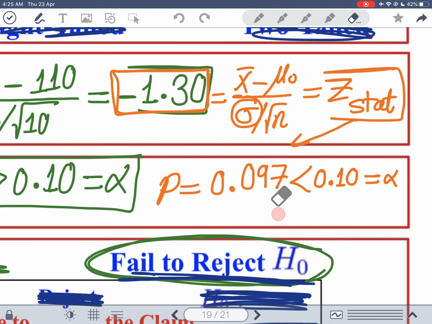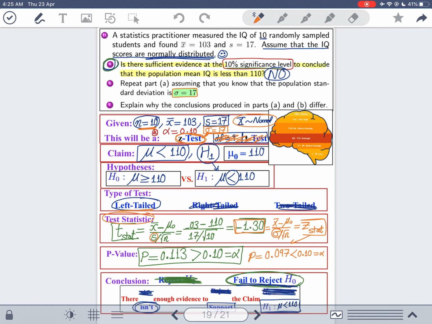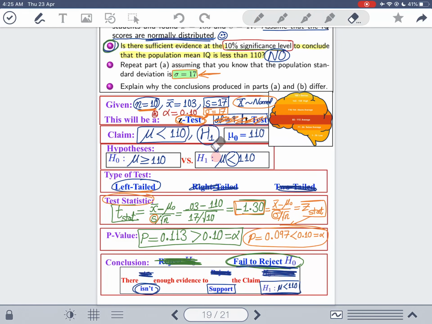And so remember, here we are answering the same question but using the population standard deviation. We found that in this case the p-value will be less than alpha. So the p-value is what? It's low, lower than alpha. So H0 must go. So in this case you will reject H0, and so you'll take this out and you will say there is enough evidence to support the alternative hypothesis because we rejected H0 and our claim is H1.